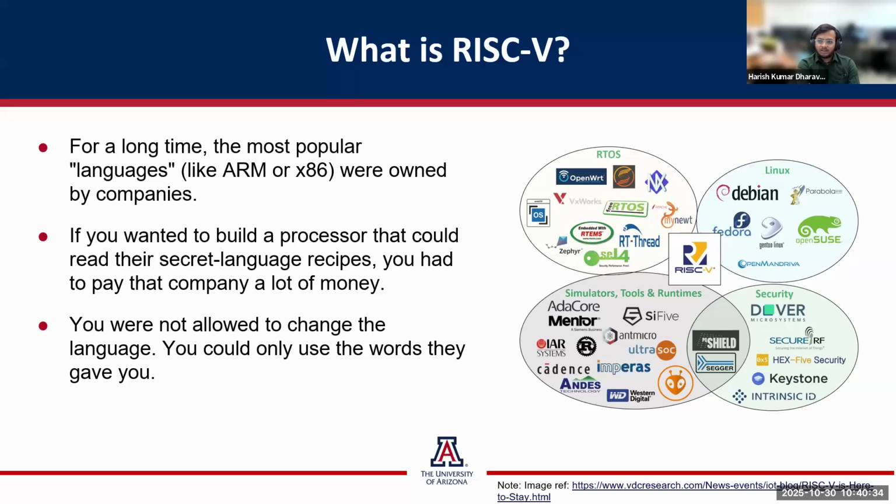If you want to use that architecture, you need to pay the company a bit of money, and you're not allowed to change the language or make many changes, so you don't have much freedom. So the reason why we are choosing RISC-V is it's open source. It has the flexibility for you to change and update features and stuff like that.